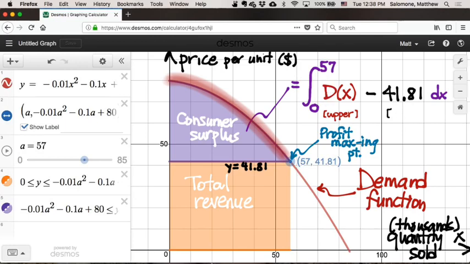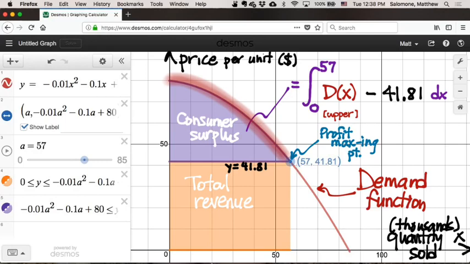Or, and it's completely equivalent to do it the other way, we could compute the total revenue separately and then subtract it after we integrate. So it's up to you which one you want to do, whether you want to subtract first and then integrate, or integrate first and then subtract. Either way, you're going to be able to get a computation of that consumer surplus. Supposing that we take this route, where we decide to subtract the equilibrium price from the demand function and then integrate.